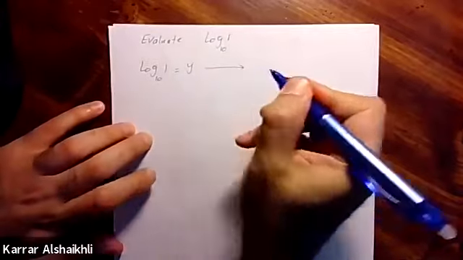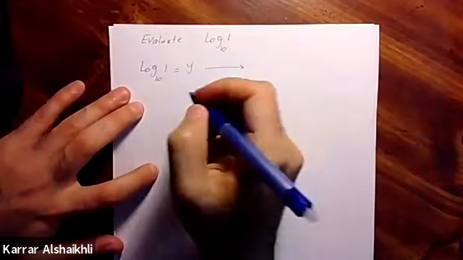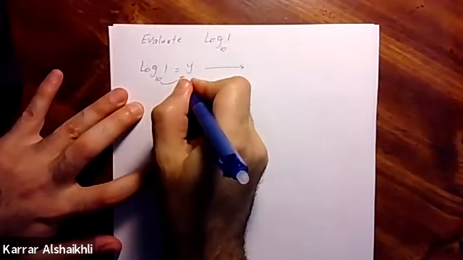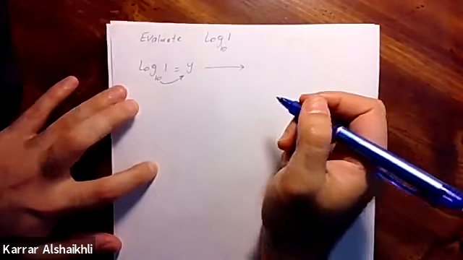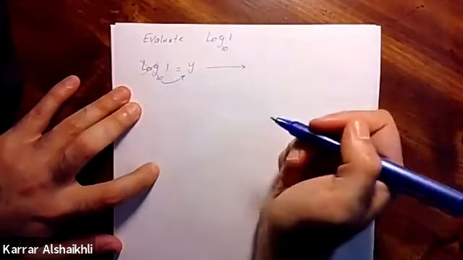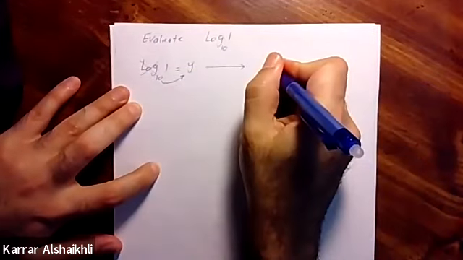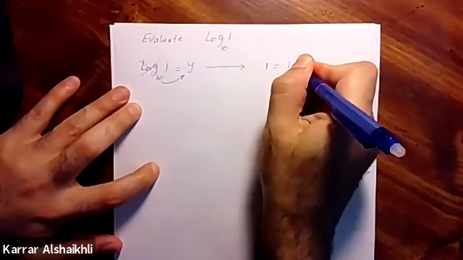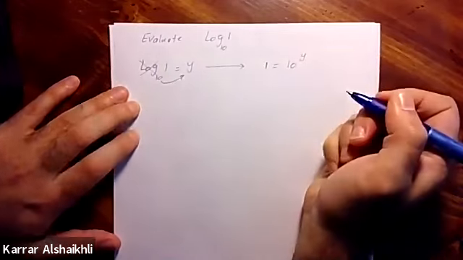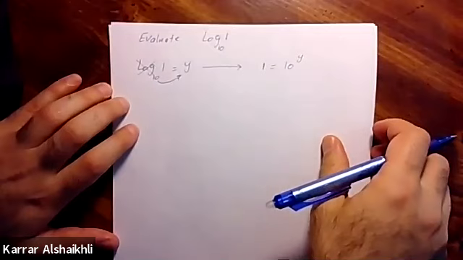Next step, I'm going to convert this to the exponential form by moving the base from here to be the base for the y and cancel the log. So it's going to be 1 equals 10 to the exponent y. And here is the important thing.